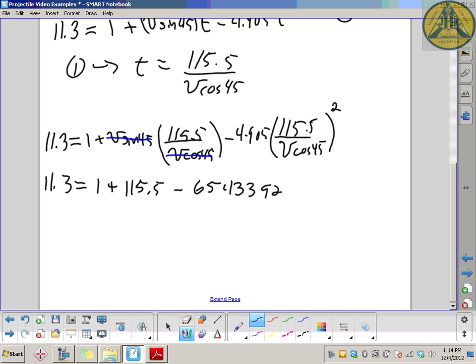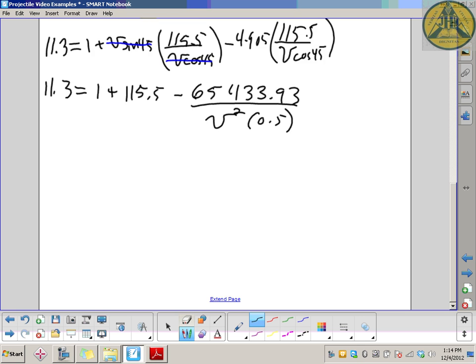Oh, sorry, went too far. That is a decimal place, not a comma. 65433.93 over v squared cosine 45 squared, which is 0.5. Just going to simplify that a little bit more. I'm going to bring all my numbers into the left. So 11.3 minus 1 minus 115.5.